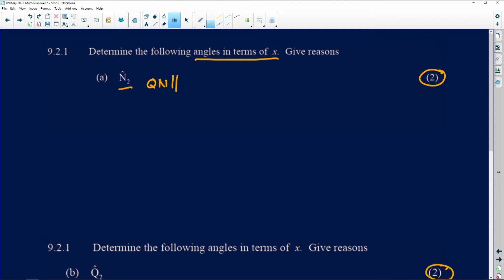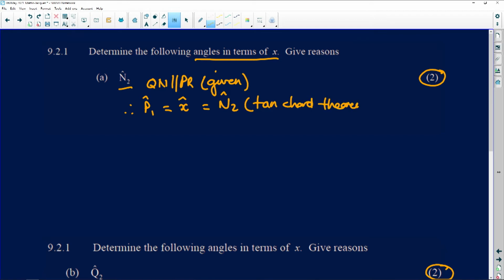QN is parallel to PR. That was part of the given, and based on that, we can say P1, which is equal to X given, is now also equal to N2.